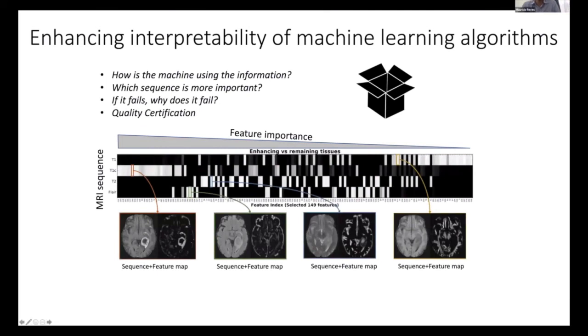You have these 4 rows showing that for segmentation, this was a segmentation task, of enhancing tumor, the T1 contrast image is the most important. Now, this aligns with the criteria and how neuroradiologists do it. So this is a verification, a quality assurance action that we can use from these feature importance maps.